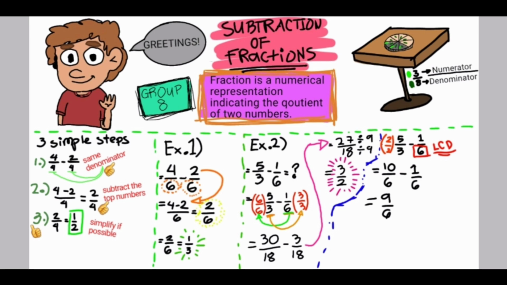Since 9 and 6 can both be divided by 3, we'll divide them. 9 divided by 3 is 3, and 6 divided by 3 is 2. Now, as you can see here, it's the same answer as the first one, but a different method. But you choose what is the simplest for you.